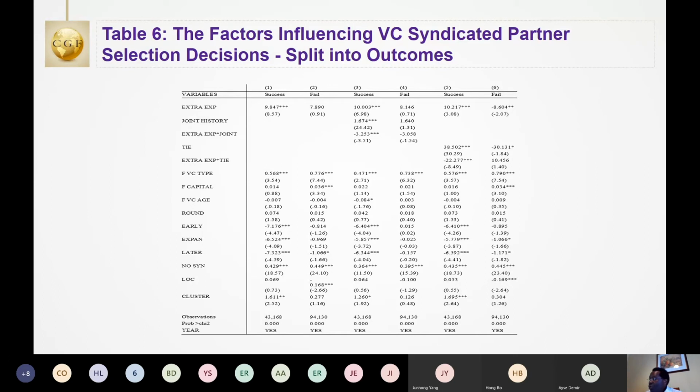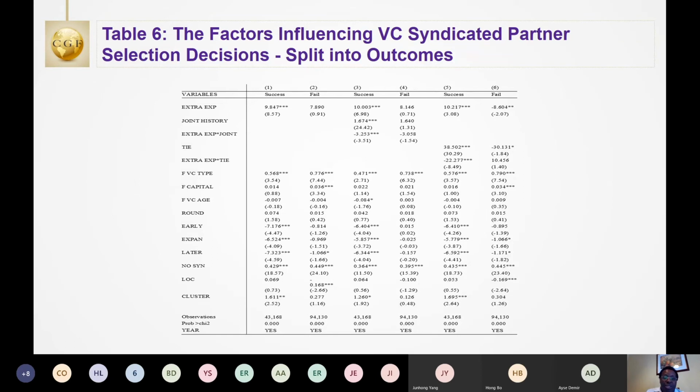For example, in models 1, 3, and 5, we show the coefficients for the extra investment experience being positive and highly significant for the success projects. But the coefficients in models 2, 4, and 6 of extra investment experience for the failed projects are not significant. And so what this is actually doing is supporting the complementarity of resources and skills being very important.